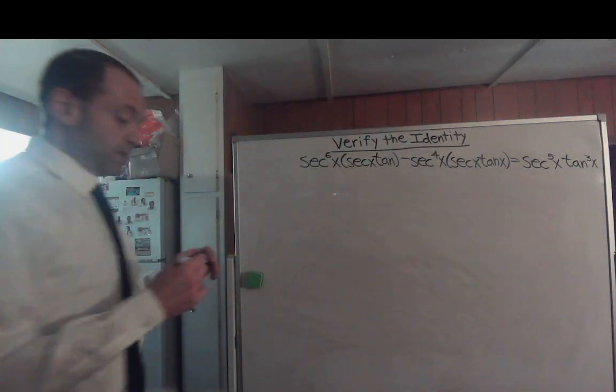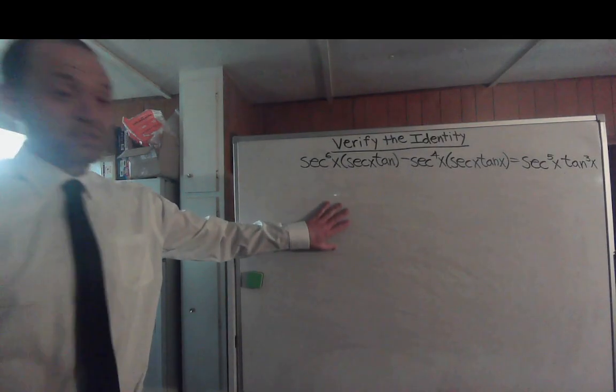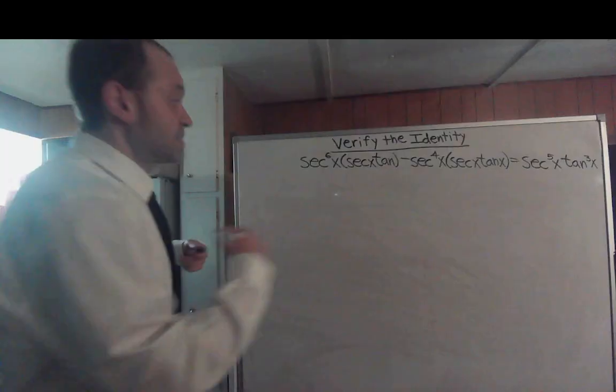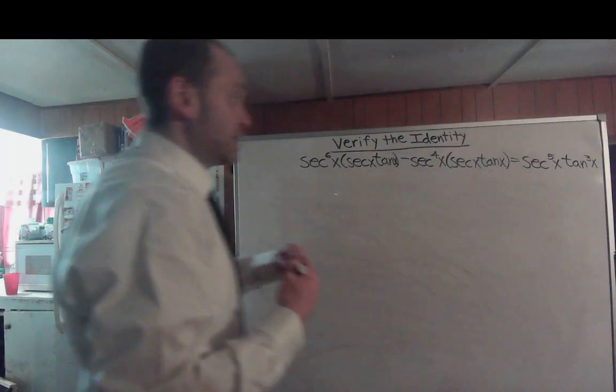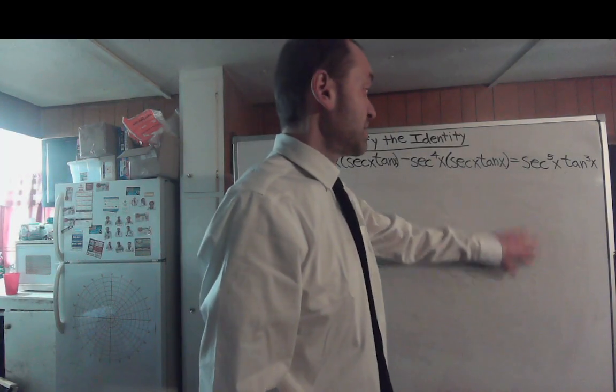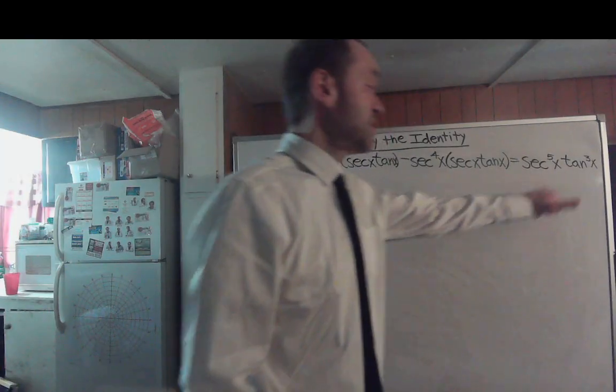Alright. So we have secant 6 of x times secant of x tangent of x. I keep forgetting to write that x. Minus secant 4 of x secant of x tangent of x equals secant 5 of x tangent cubed of x.